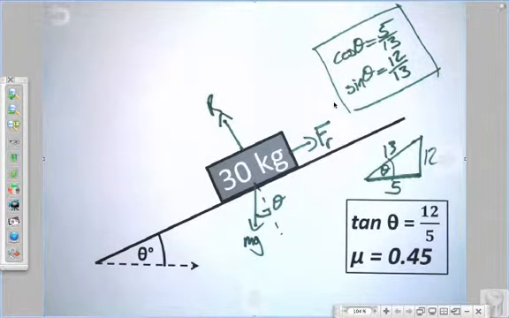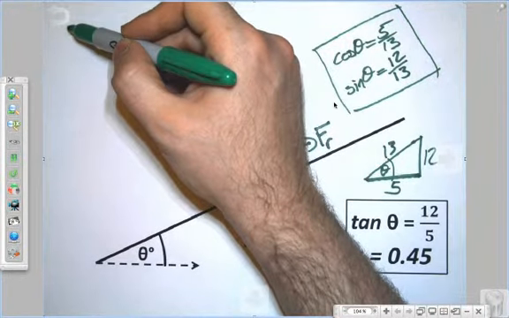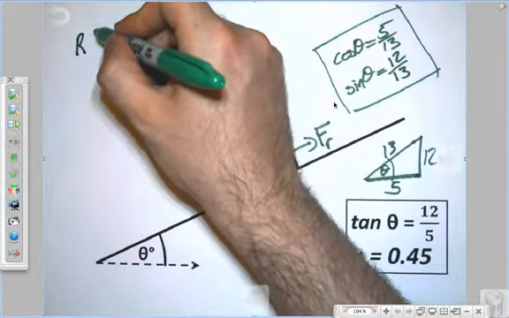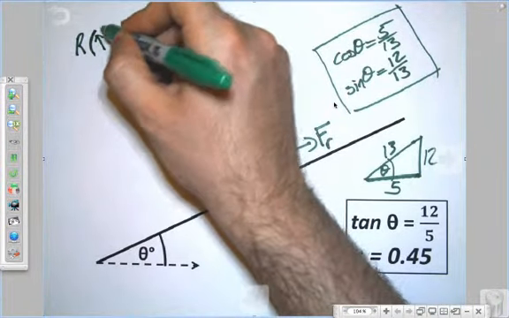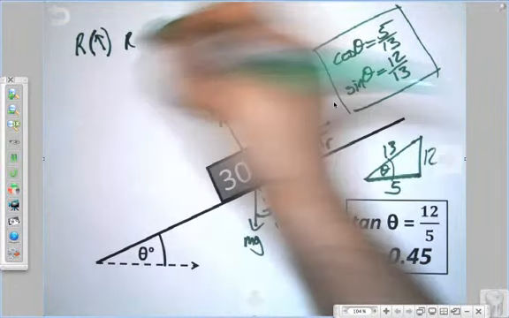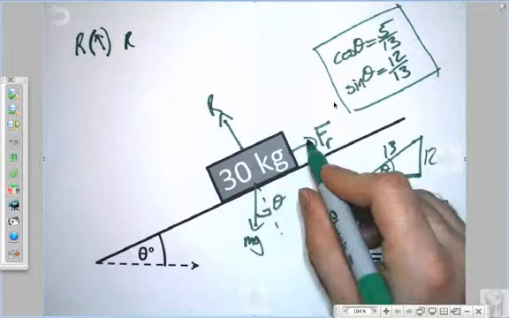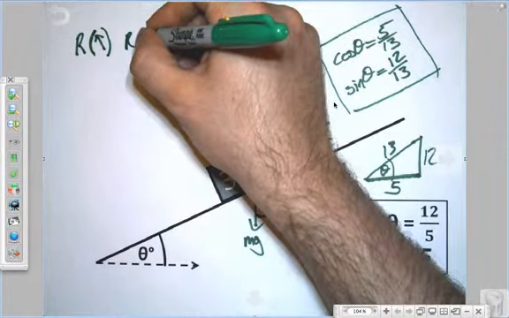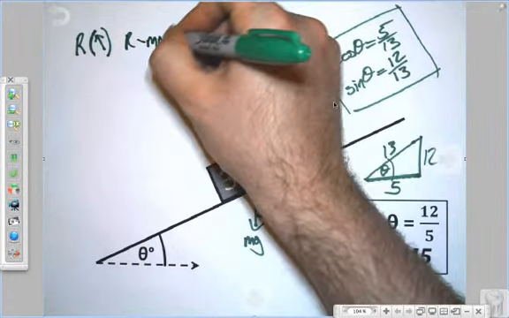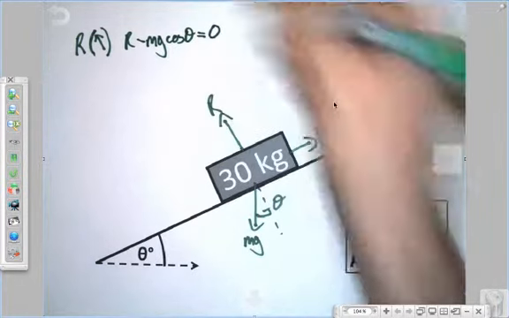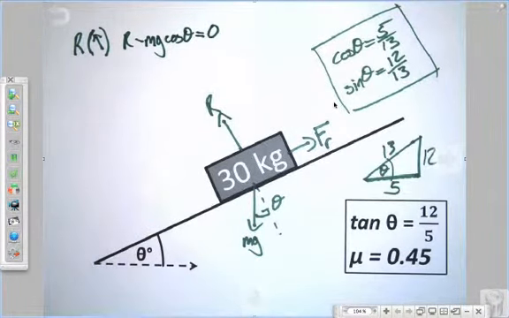So now just starting our resolving. We're going to resolve perpendicular to the surface to try and find R. So that gives us R is positive. Friction doesn't come into it because that's at 90 degrees to where we're operating. So we then get minus mg cos theta. We're in equilibrium in this direction because we're not lifting off the surface.